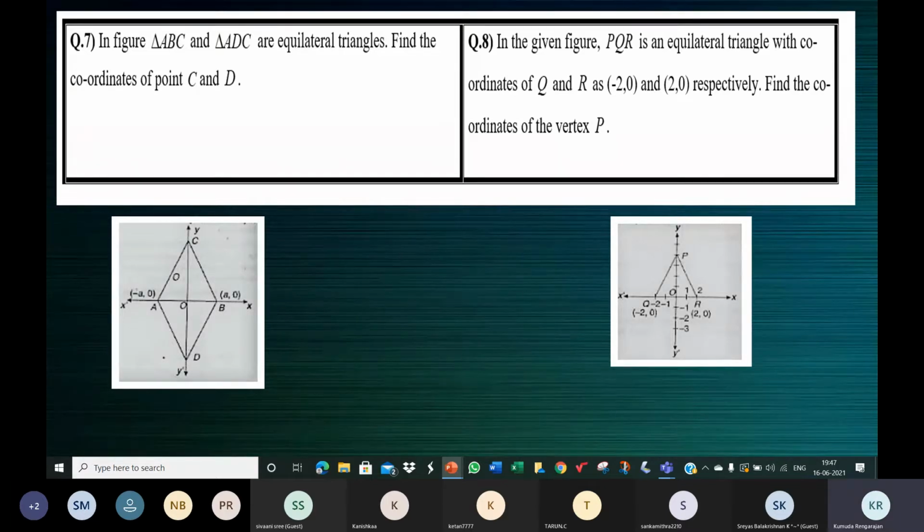Tell me. Ma'am, 0,4. For question number 8, coordinate of vertex P, is it 0,4? Yes, ma'am. No, 4,0, ma'am.